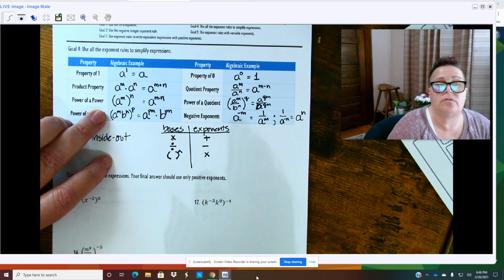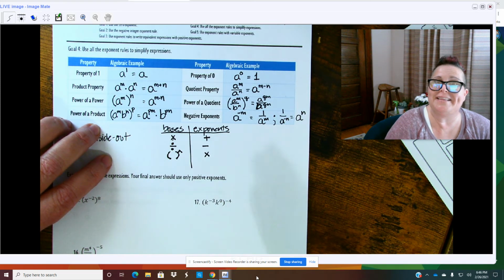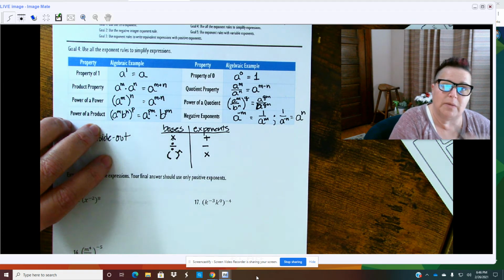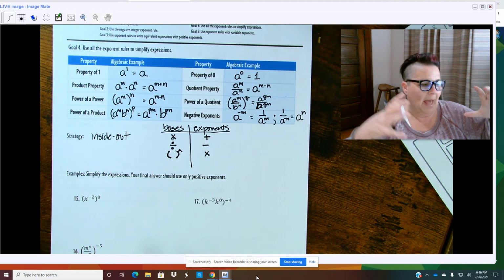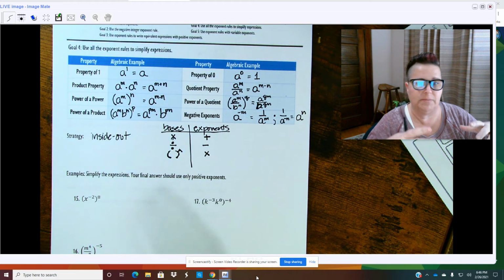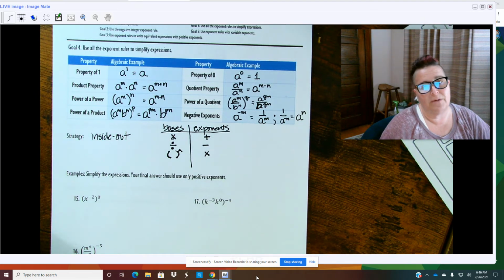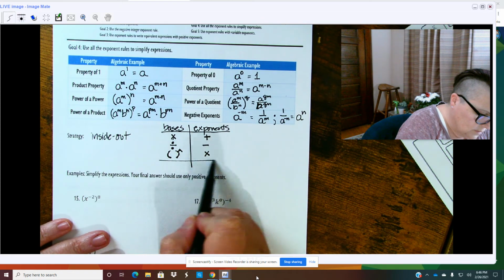These are the three main rules that I live by when I'm doing these: if the bases are being multiplied, you add the exponents. If the bases are being divided, you subtract the exponents. And if you've got some exponential power already and you're taking it to another power, those exponents can be multiplied. Those are my three main rules.